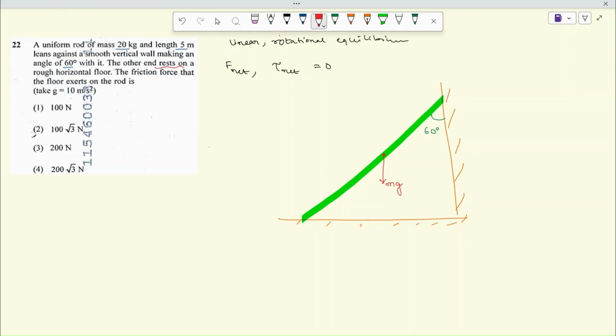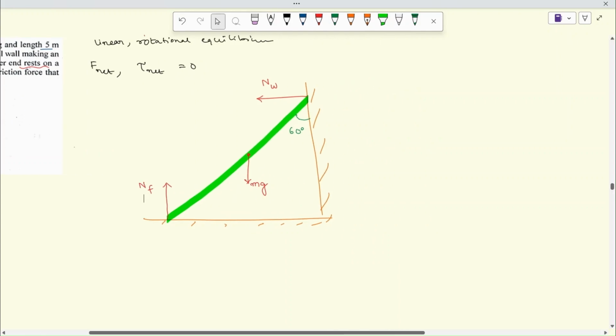And what are the other forces? The wall is applying a normal reaction here, let us say NW, and on the other end the floor is applying a normal reaction, let us say NF. These are the two forces acting along with the weight downwards. Now the total force and total torque should be 0. First of all, taking the condition of net force. If you take along the vertical direction, net force should be 0.